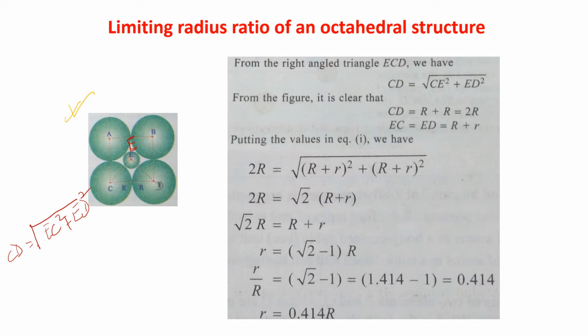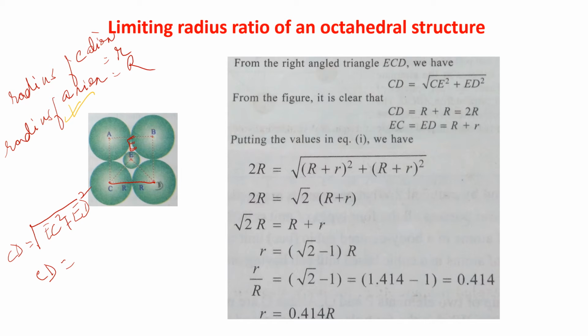Now let us think that the radius of cation is equal to small r and the radius of anion is equal to capital R. So from here you can see that CD is coming to R plus R, which is equal to 2R, that I have written here.